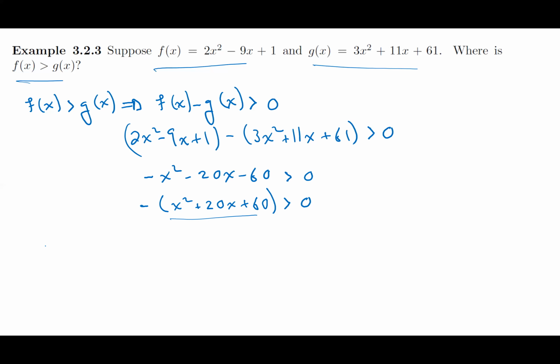So x equals negative b plus or minus the square root of b squared, so 400, minus 4ac, so 4 times 20 times 60, all over 2a. And so let's see what we get here.